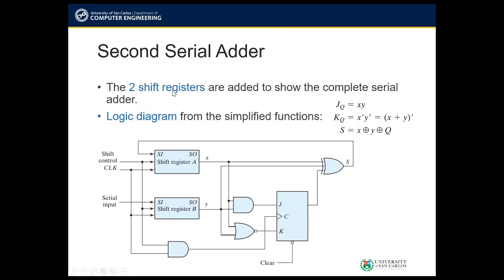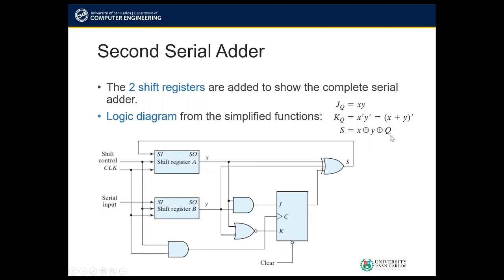So the two shift registers are now added to complete our serial adder. Remember that X and Y come from the serial outputs of shift registers A and B. We still have the clock and the serial control inputs.